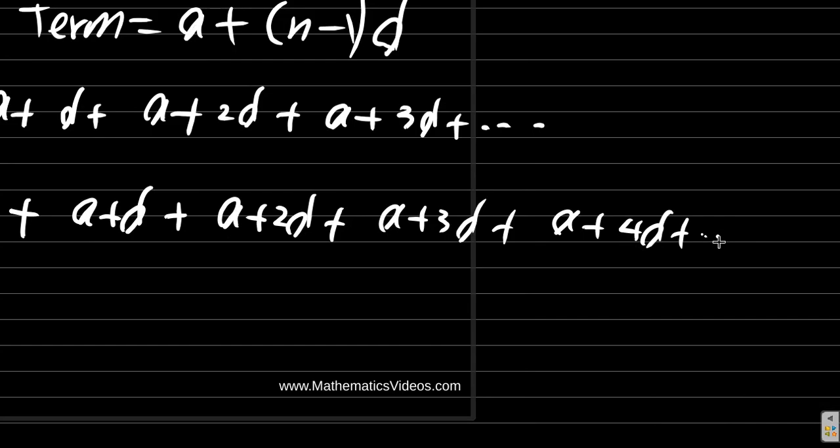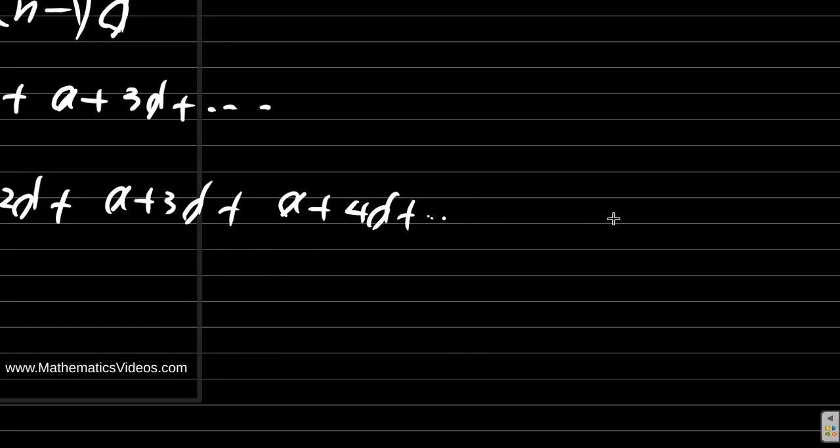And then that, plus the last term. Let's put the last term here. Which term came before the last term? Well, in this case, it would be l minus d, because to go to the term just before, we'd have to subtract d, so it's l minus d.